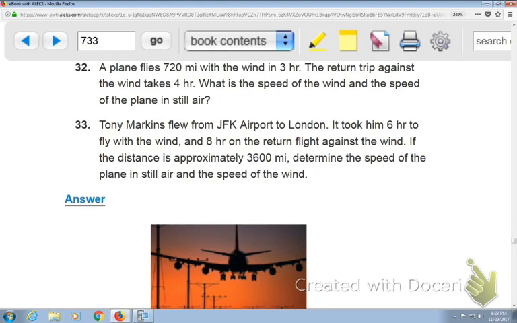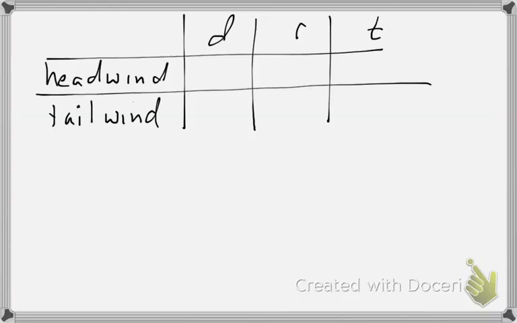Number 33. So flying against the wind, that headwind, we went 3,600 miles in 8 hours. And there, the wind was working against the plane.